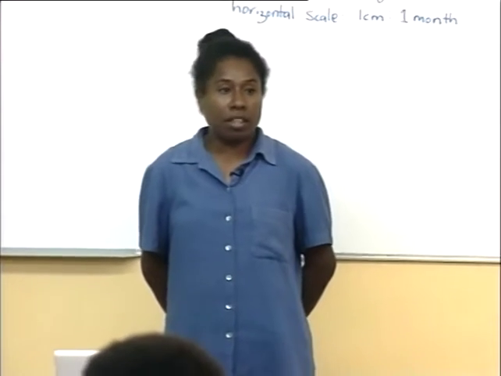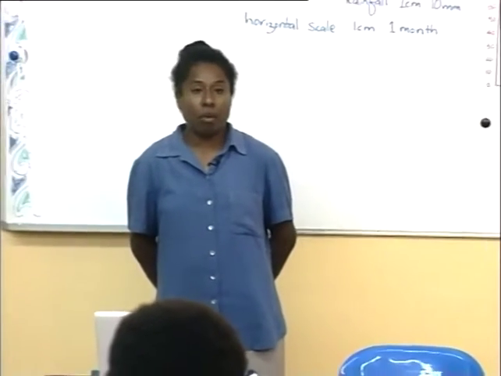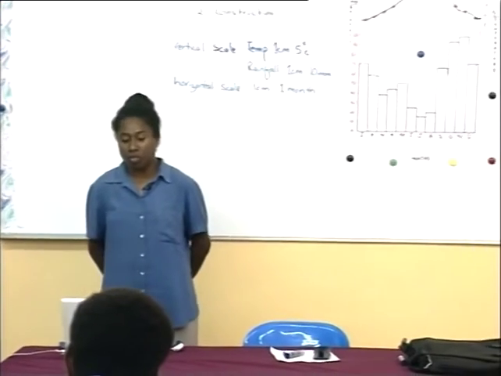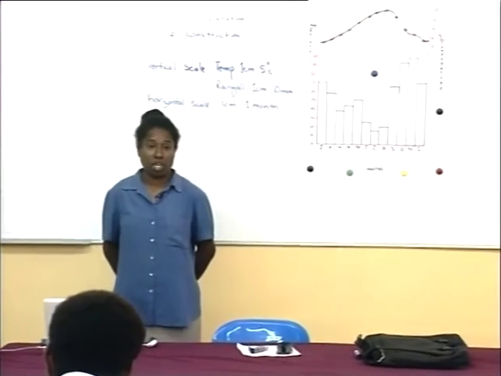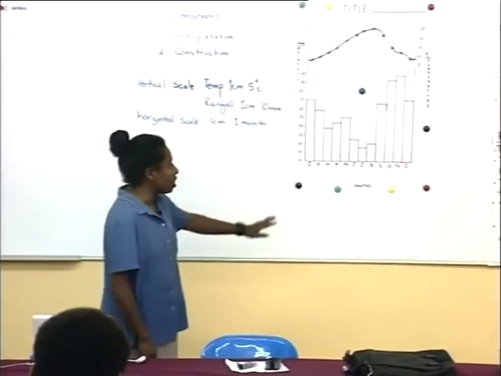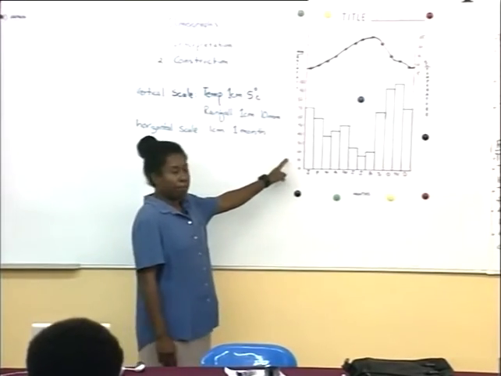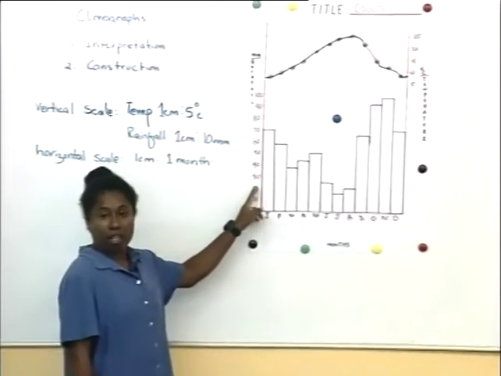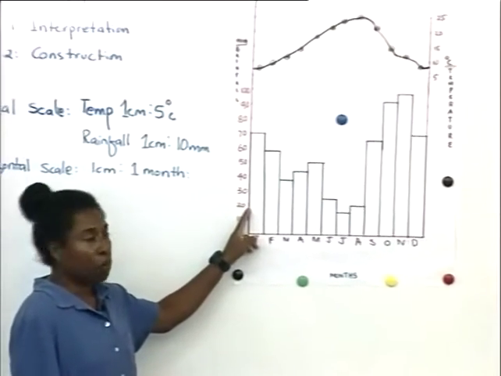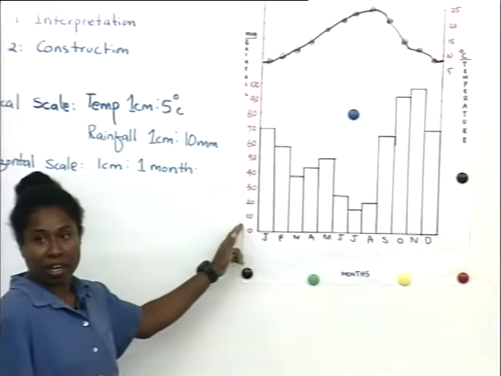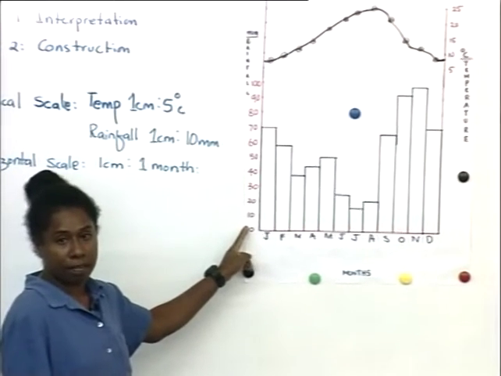Another important thing about planning our construction is to ensure that we check the amount of space that we have for the construction. If you were asked to construct a climograph on a big chart, say for example, here, you will have to ensure that your planning is in a way that you are able to use up all the spaces so that the graph can actually be seen easily.